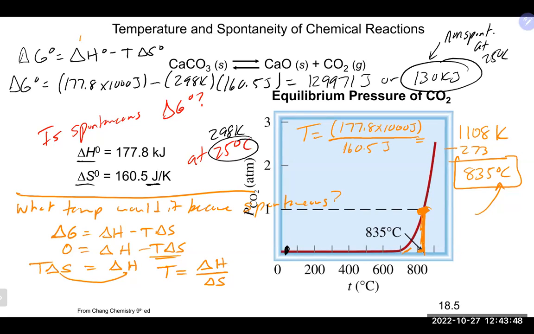Here, our delta H is positive and our delta S is positive, which means the only way for this part to overtake the front part is a really high temperature, which I think 835 would qualify for. Under low temperatures, as we saw in our original calculation, it would result in a non-spontaneous process. Any questions on that?